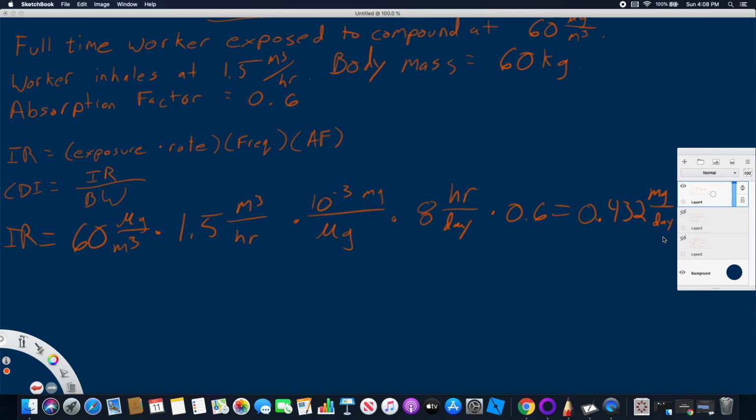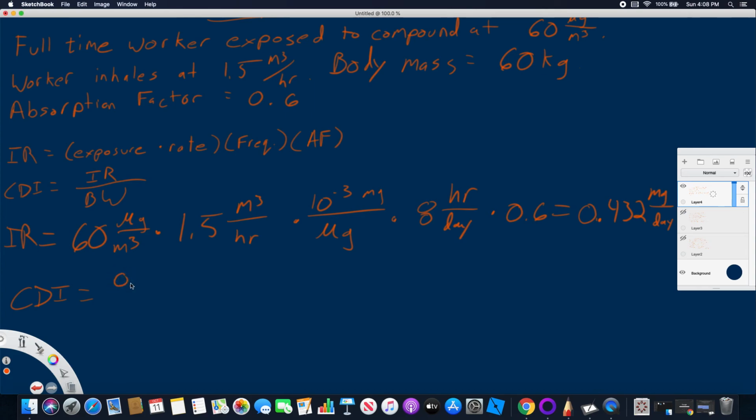Now, this is just intake rate. It doesn't matter if you're a full-grown adult or a baby in this case. But when we look at chronic daily intake, we're basically looking at the concentration in your body.